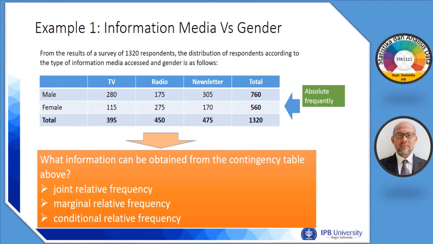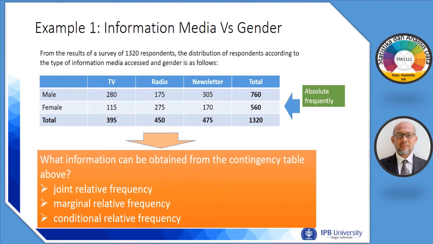It is clear. As columns we have television, radio, newspaper. As rows we have male and female. You can look here at the frequency in every cell, every combination between row and column, and you can also look at the total of the row and the total of the column.